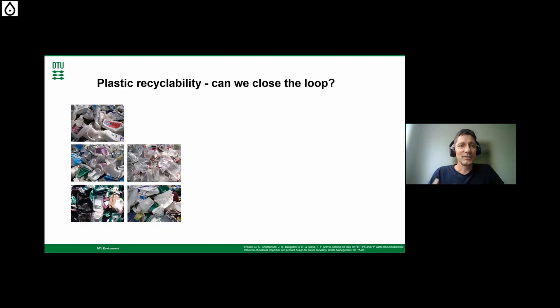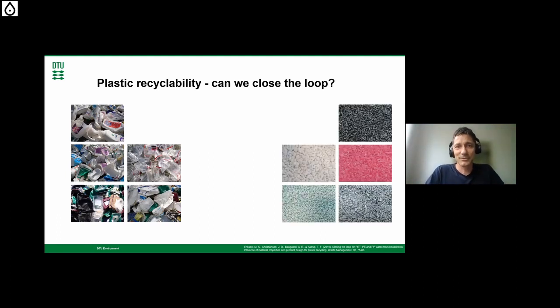So the question is really, can we, on a large scale, close the loops with plastic? Can we recycle it? Well, today we cannot recycle everything, but we are at the left-hand side here, and we want to go to the right-hand side and have some new, nice, clean plastic pellets that can be used for production of new plastic products.